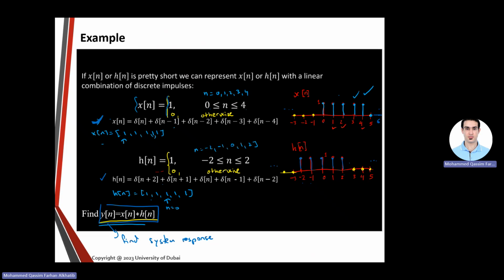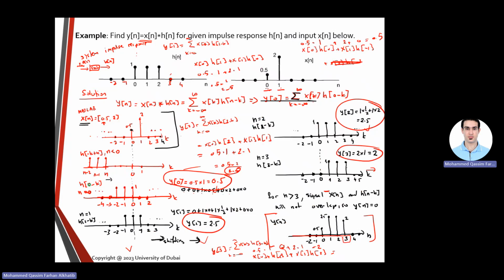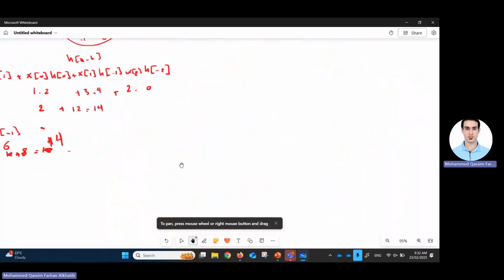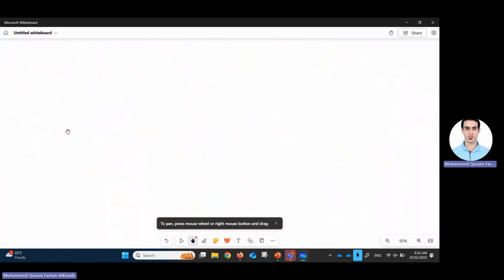Okay, so let's check this example, and let's go back to one of the other examples here. For example, this one. And on the whiteboard, I want to represent these sequences, and I ask you to do the convolution. So let's do the tabular method first.